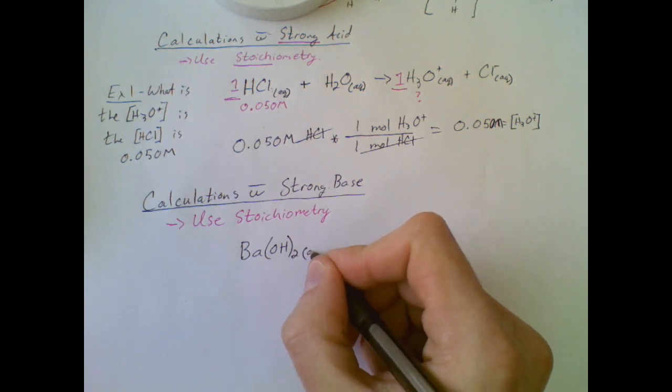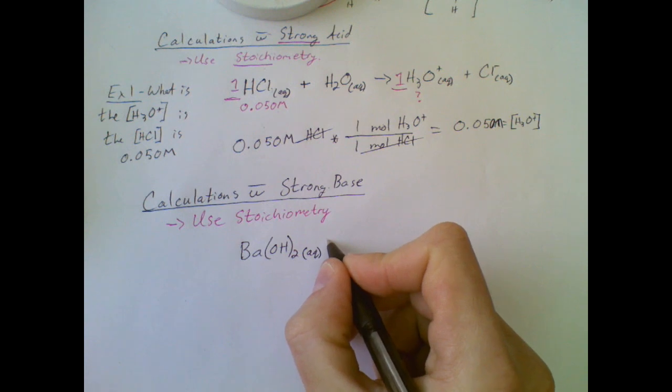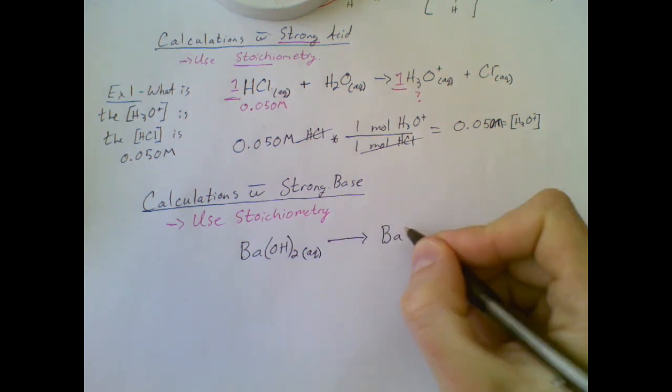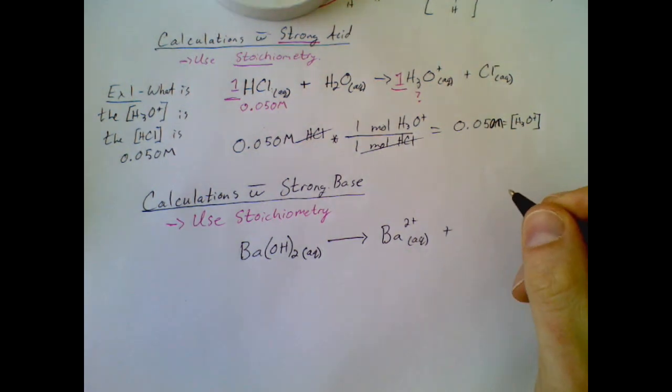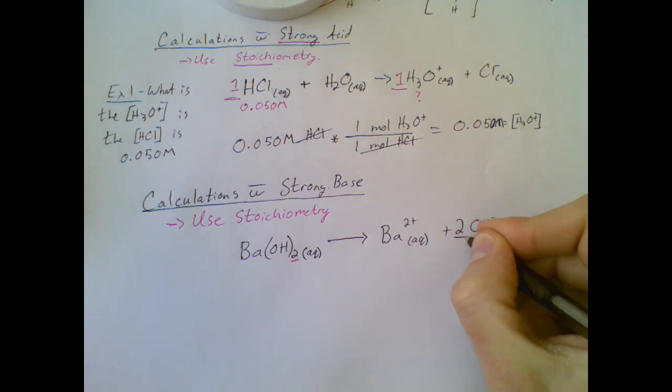Now, I'm going to write my equation with it being aqueous at the start. I'll explain why in a second. And it's going to dissolve into its component ions. This time I need to be a little bit careful because I have a 2 with the hydroxide, so I need a balancing coefficient of 2.